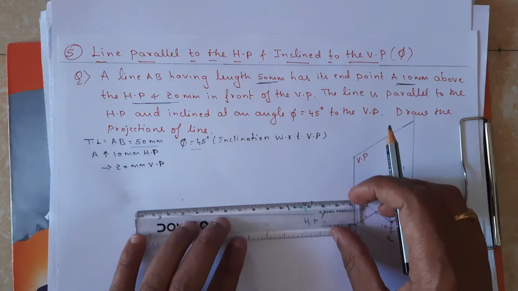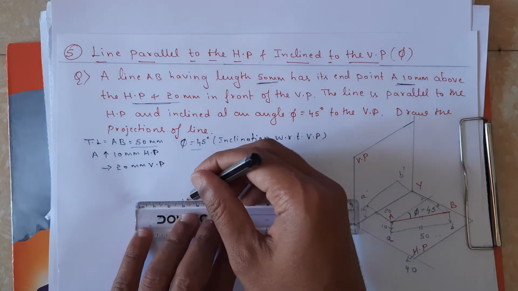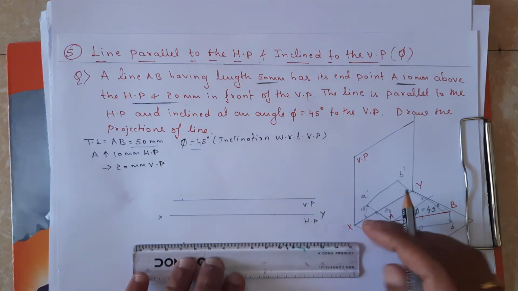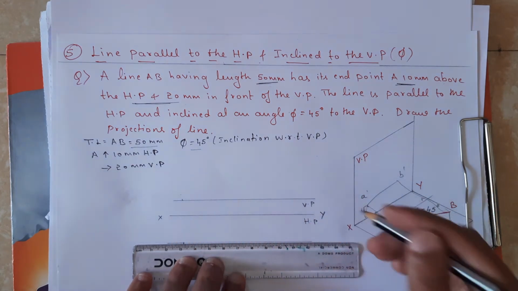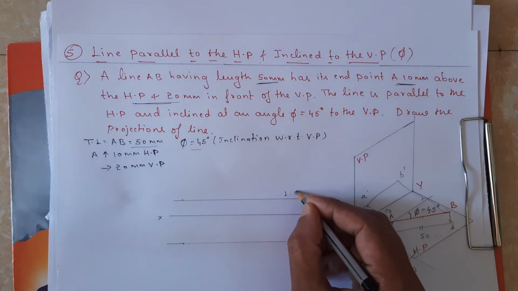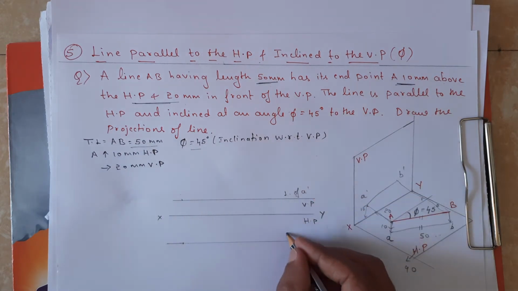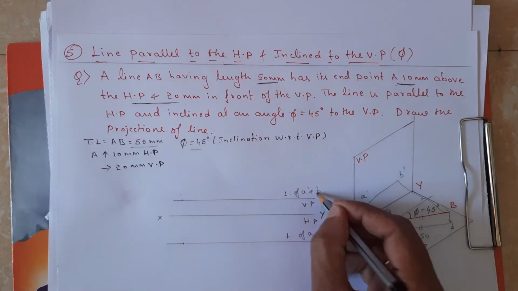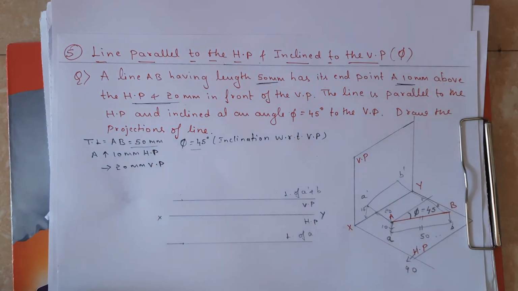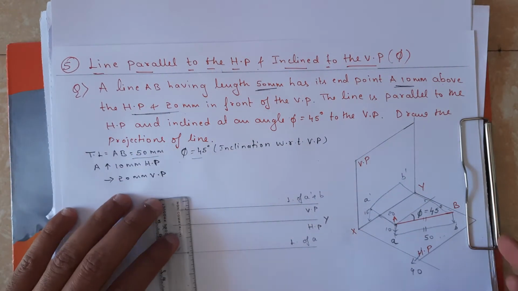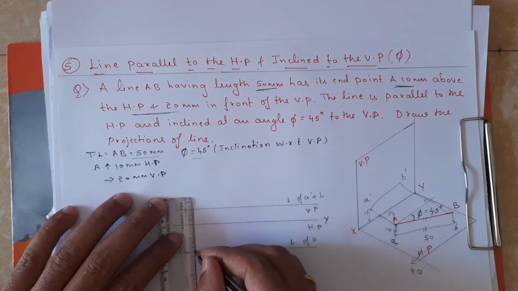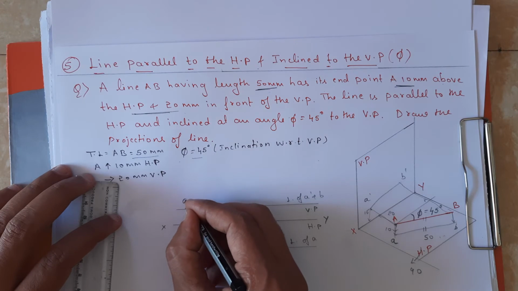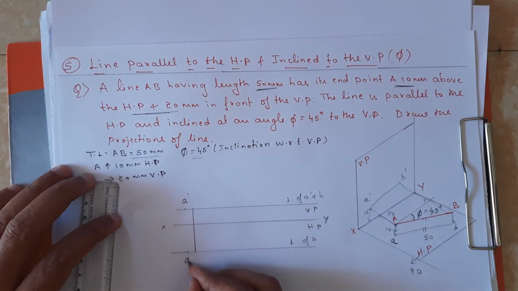Two reference lines I am going to draw parallel to the XY line. This is the locus of A dash and this is the locus of A and B. First we need to locate A dash and A, in the same line. So this is A dash and this one is A.